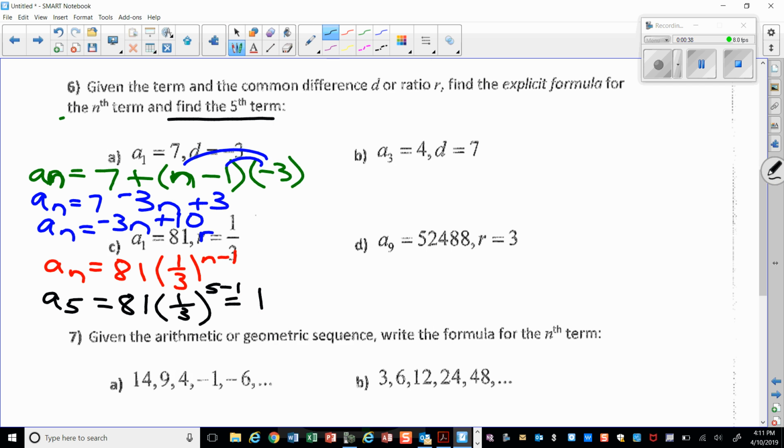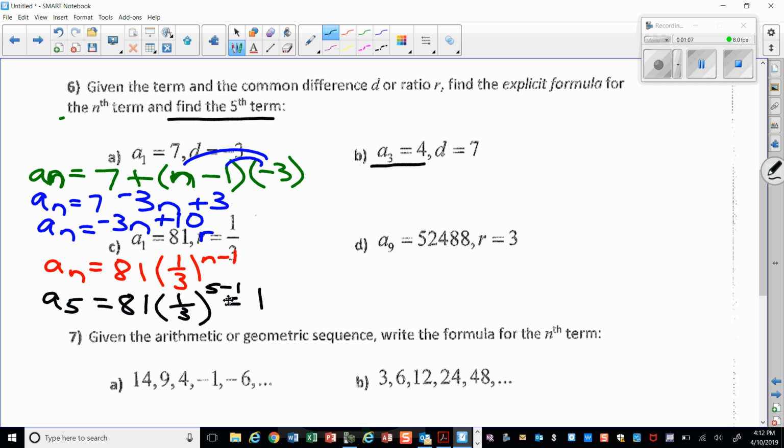All right? So now what's different, though, is we know the third term. All right? But we can figure this out using our formula. It's just that instead of the nth term, we know our last term is 4. So the last term is 4.